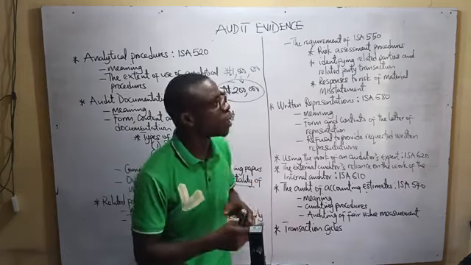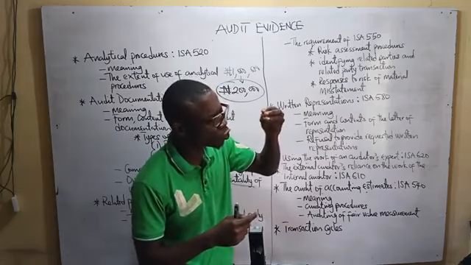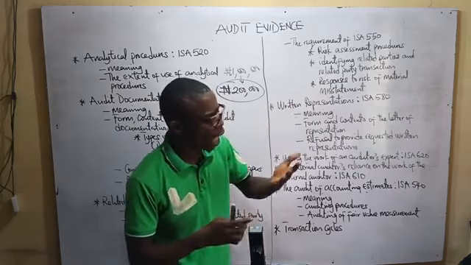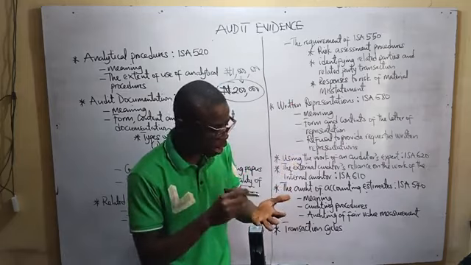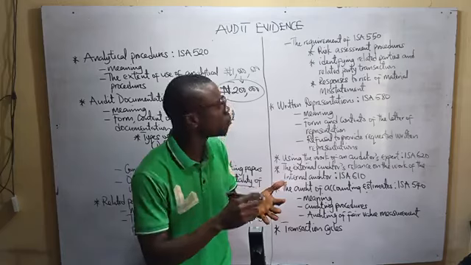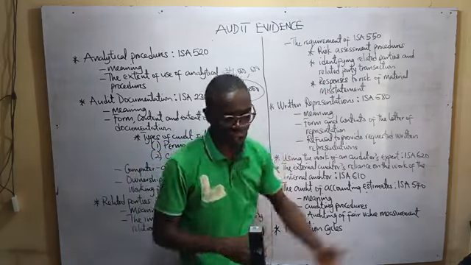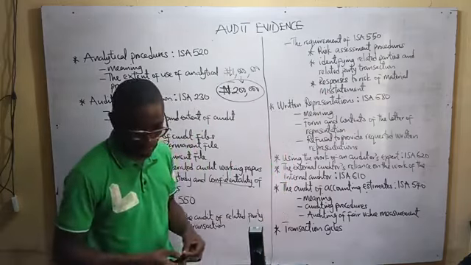That means the auditor will look at the previous audit working paper, which will have identified some related parties or related party transactions. That means it can obtain it from there.